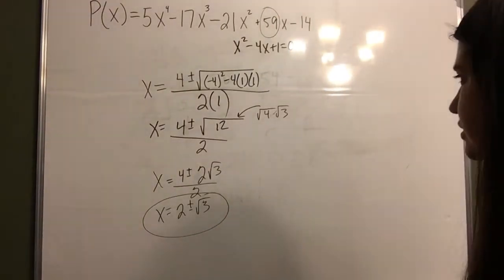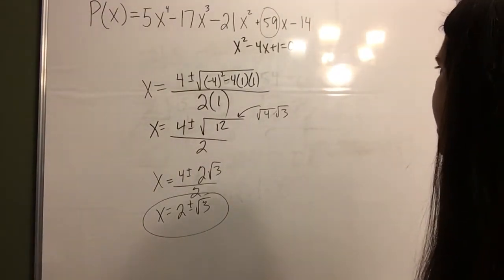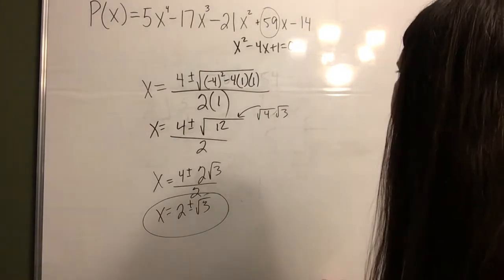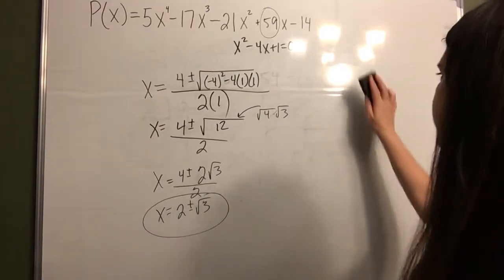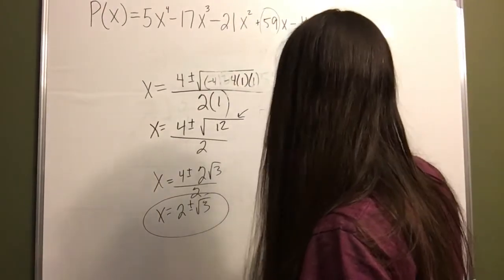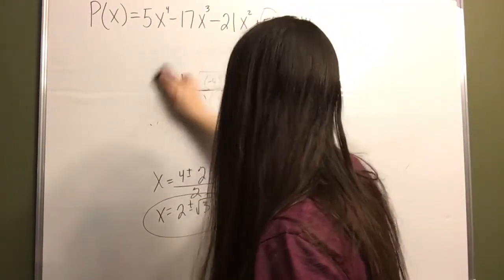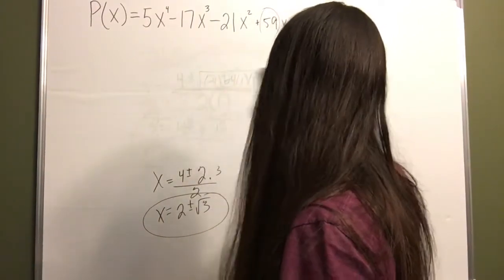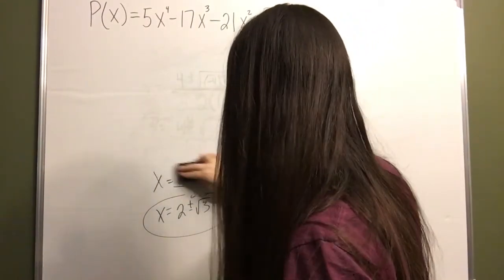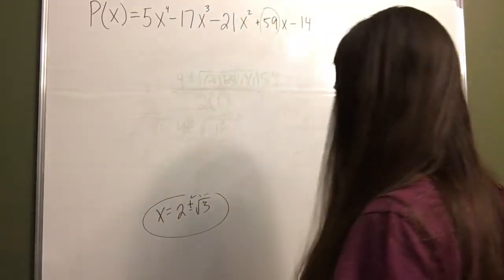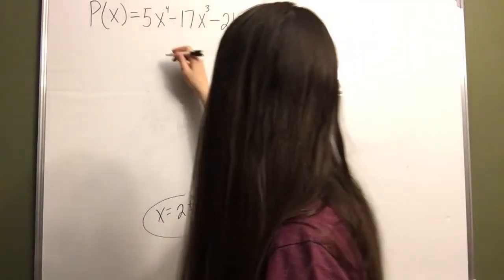So let's conclude this, all right? What did we figure out? I'm going to erase again. So what were our zeros?